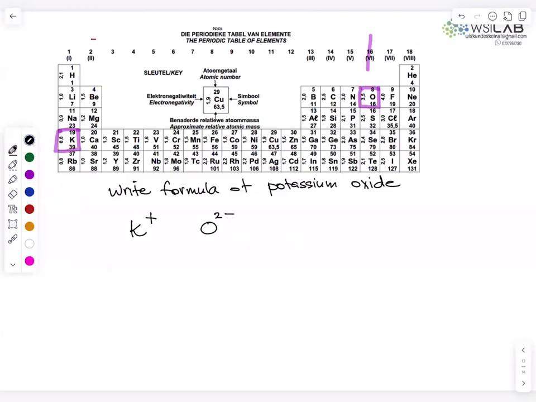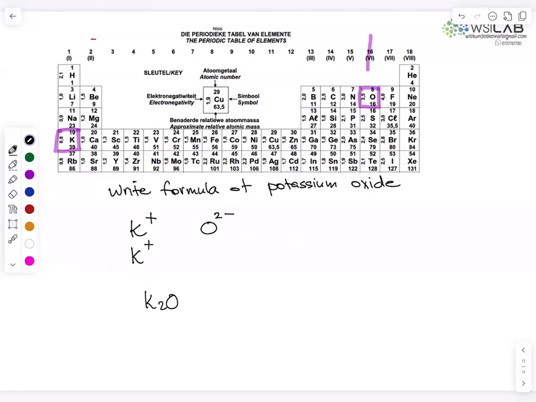Okay, so now look at this. I need 2 potassiums. I need another potassium to balance the charges because 2 positives goes with 2 negatives. Do you agree? Yes. So the end result will be K2O.